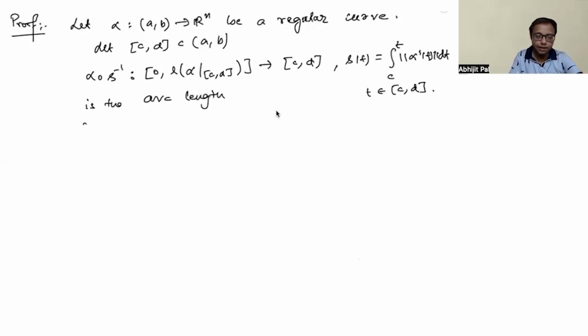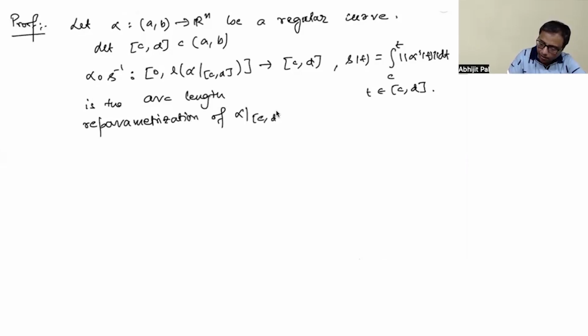Now if I take the derivative of alpha compose S inverse at u, this will be alpha prime of S inverse u, and then we have the scalar multiplication ds inverse du.